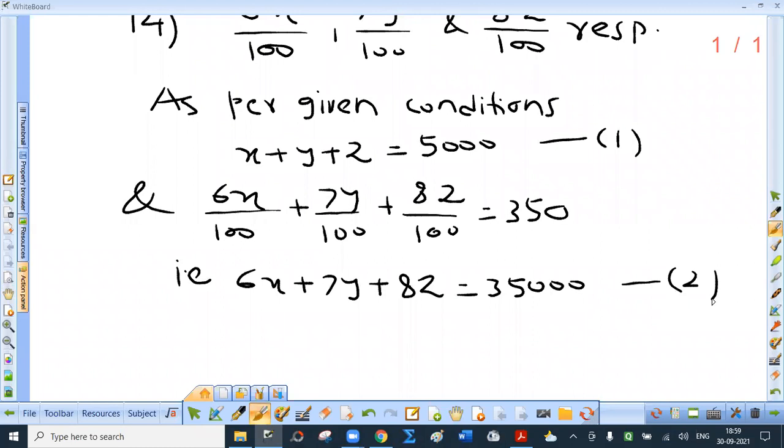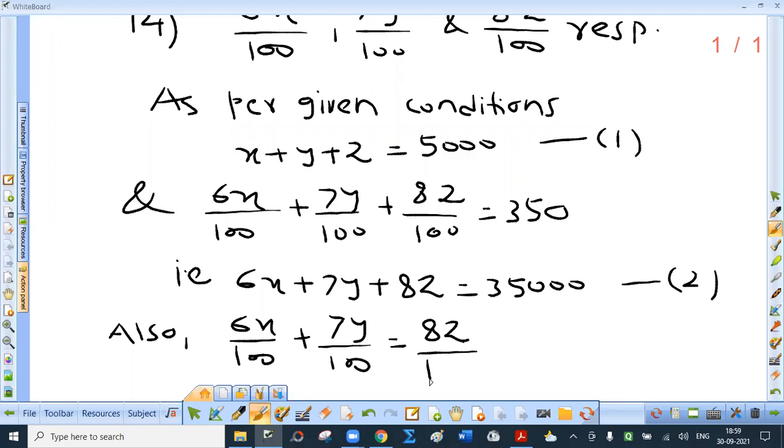And which is the last condition? Combined income from first two is rupees 70 more than income from the third. So 6x upon 100 plus 7y upon 100 is 60 more than third, so equal to 8z upon 100 plus 60.